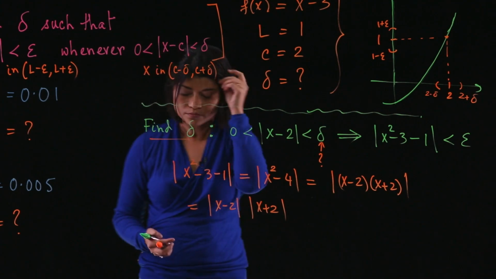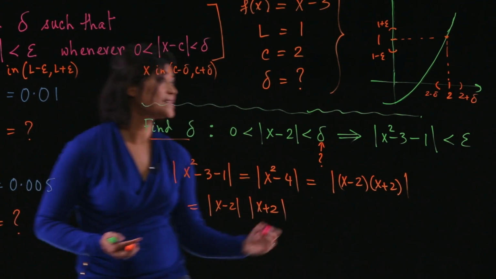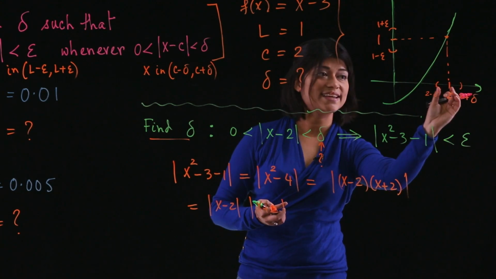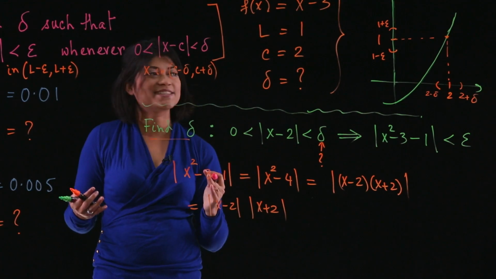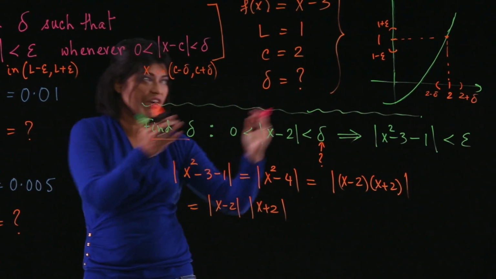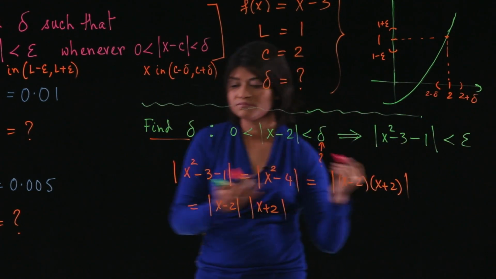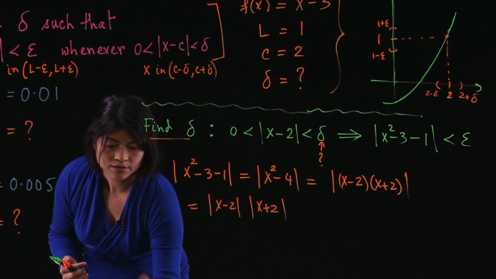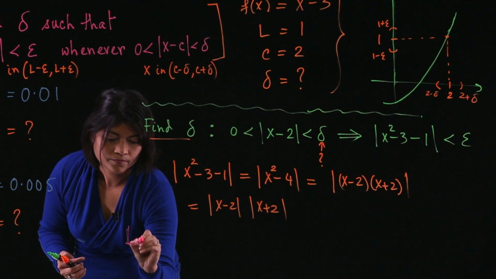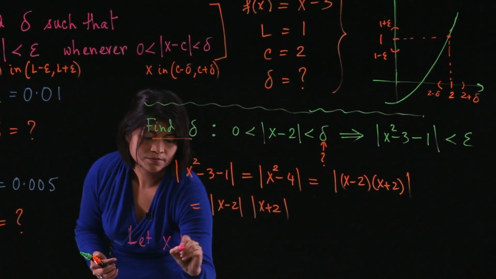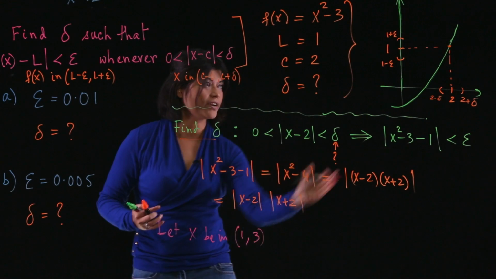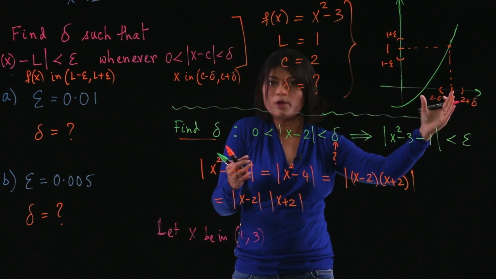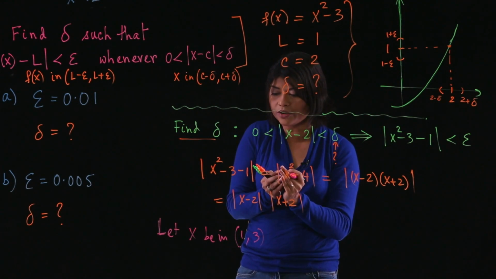How to do that? Well, notice that one more time, x is getting close to 2. So let's fix the interval around 2 to be 1 to 3. So let x be in the interval (1, 3). That's an interval around 2. Well, we probably have to make it an even smaller interval.